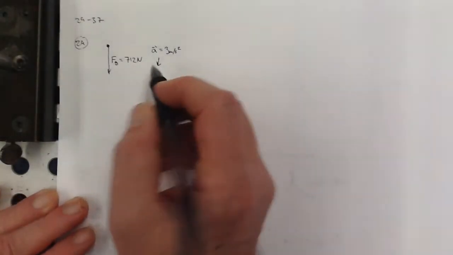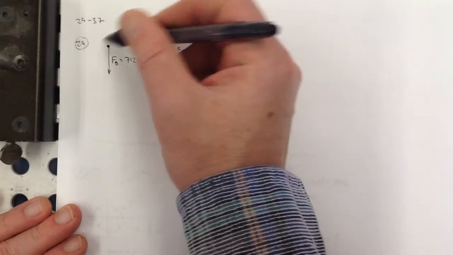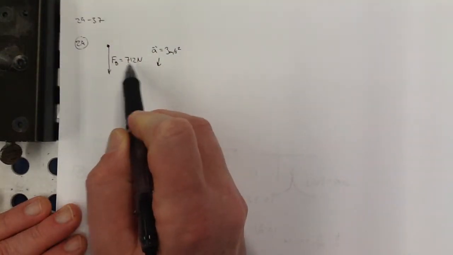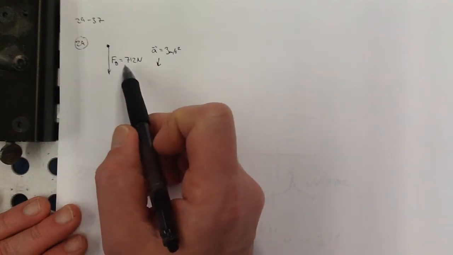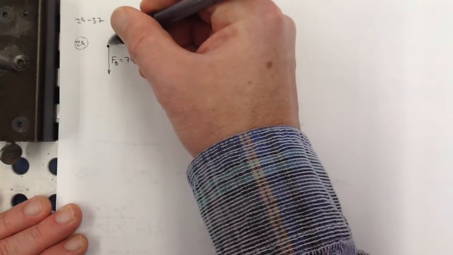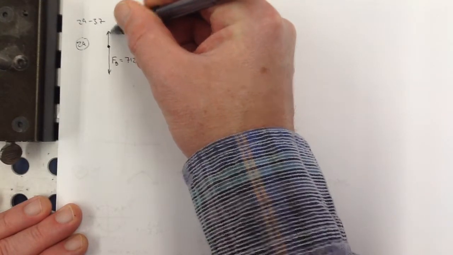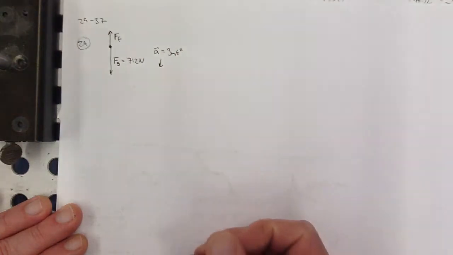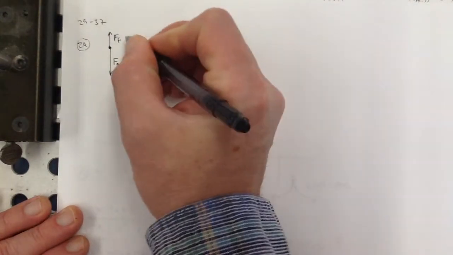Okay, so if this was the force diagram, and there's nothing else going on, then the firefighter would be in free fall, and the acceleration would be 9.8 meters per second squared. And it's not, so there must be some other resisting force here. We'll call that the force of friction on the firefighter.